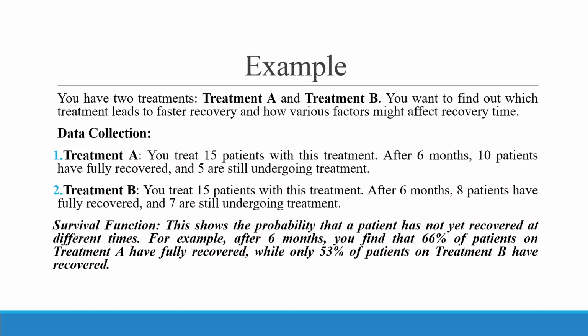This means the remaining 33% have not recovered, while only 53% of patients on treatment B, which is 8 divided by 15, have recovered, and 47% have not recovered. So you can say that treatment B takes a longer time period for recovery.